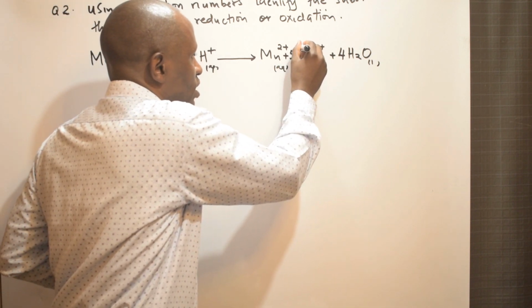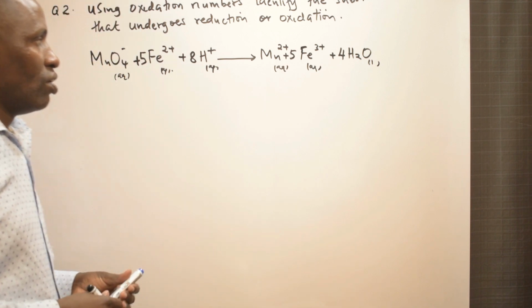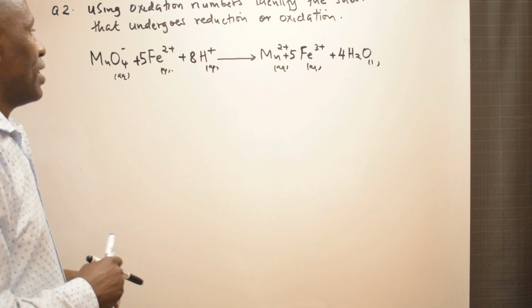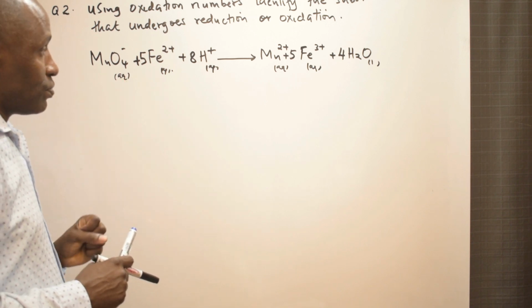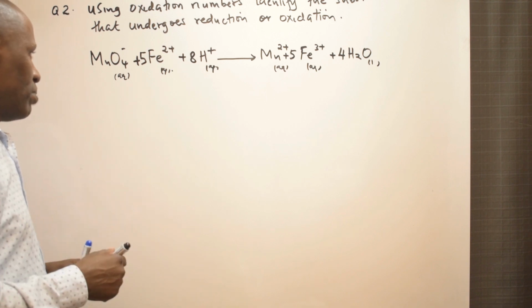Now, my interest here is to see what really happens in this reaction, because we are able to see the observation, but how about the explanation of exactly what happens? Let's have a look at manganate.